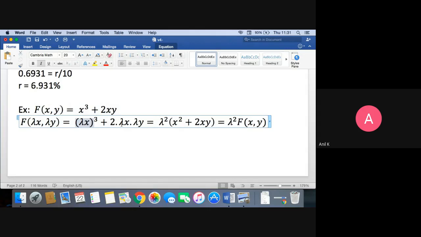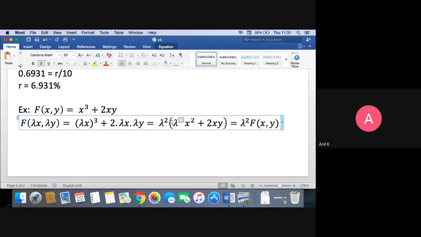Here we'll get 2 lambda square xy. So the first term has lambda cube, the second term has lambda square. So still I can take a lambda common. Then one lambda will be left out, and here x cube will be left out: lambda x cube plus 2xy.